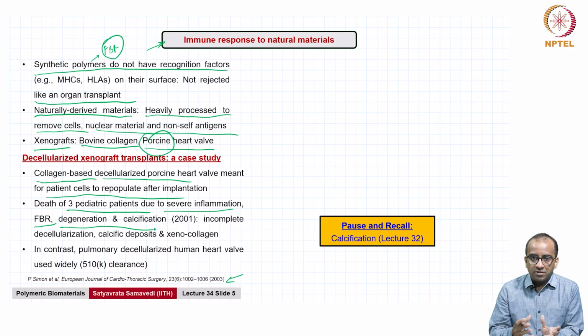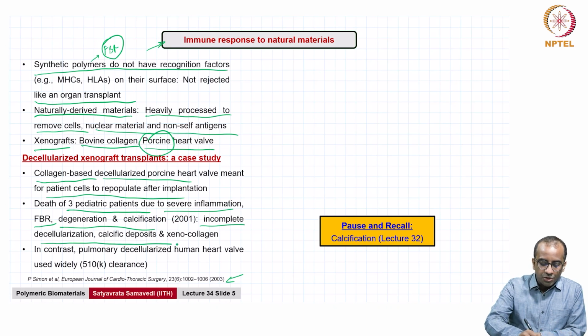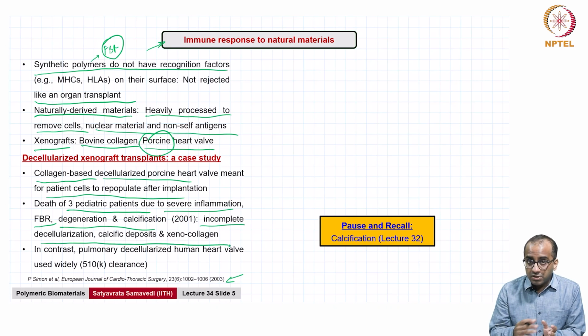And while there is a bunch of reasons why this happened, the primary reasons were attributed to be incomplete decellularization of the porcine heart valve, calcific deposits even before they went for implantation, and collagen that is not from human sources, xenocollagen.